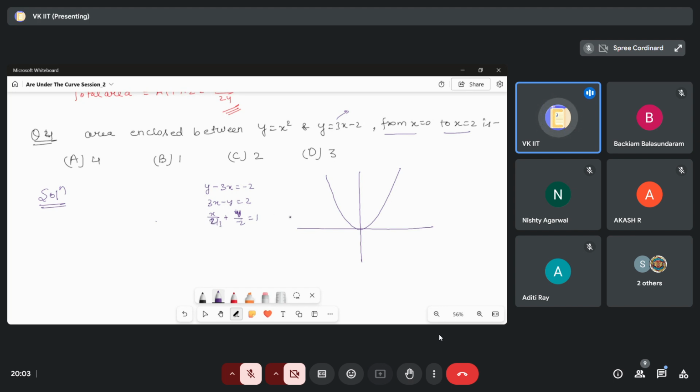That means on the x-axis you have 2 by 3 as an intercept, and on the y-axis you have minus 2 as an intercept. So minus 2 will be somewhere here, and 2 by 3 is 0.66, somewhere here. So when you draw this line, it will be like this.